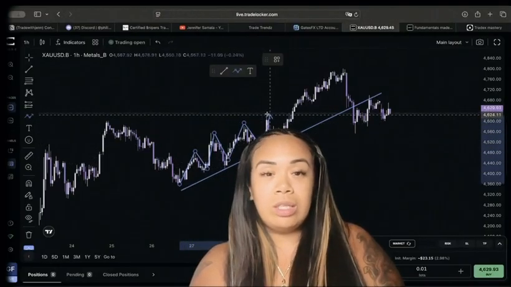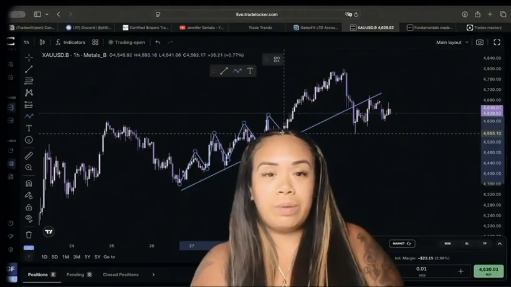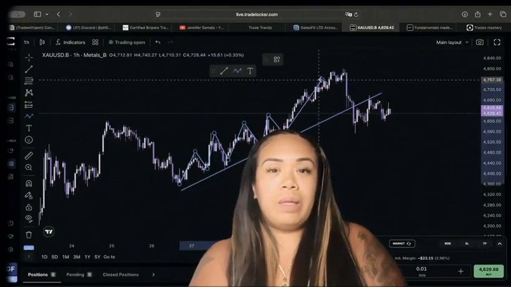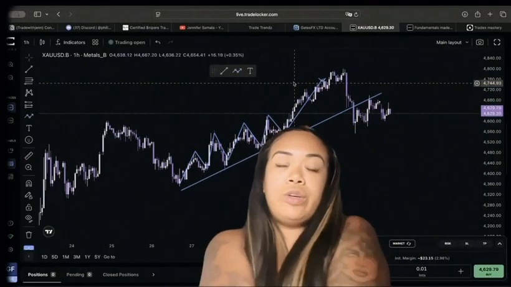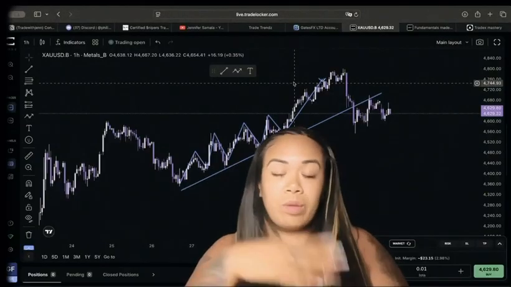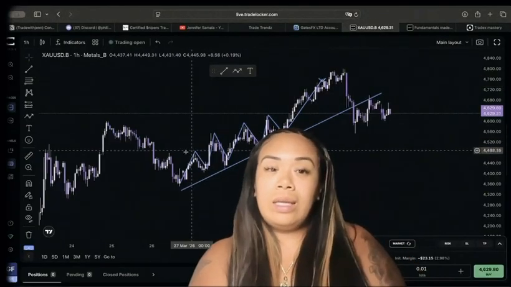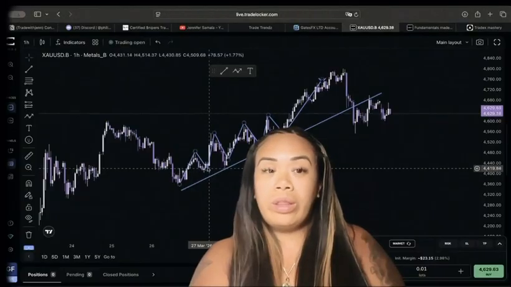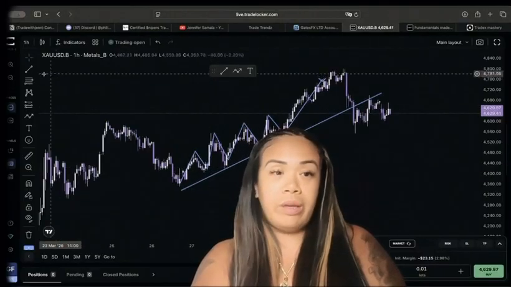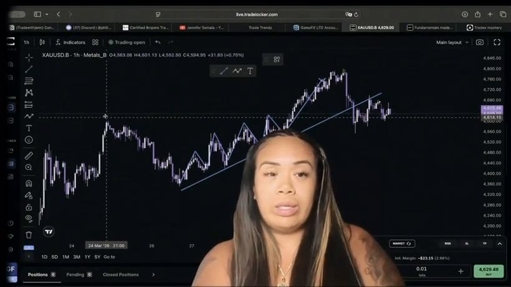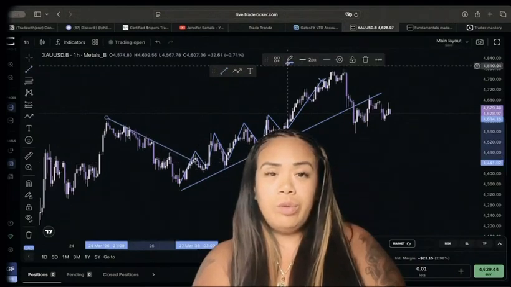By the way, trends are not always going to look perfect, but at the end of the day, you're able to see where on a bullish trend its highs are or where its lows are.